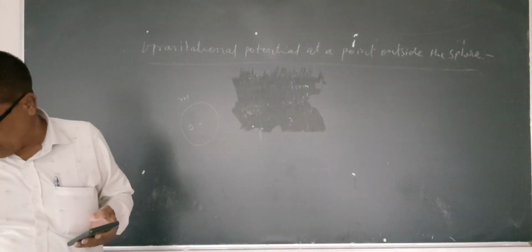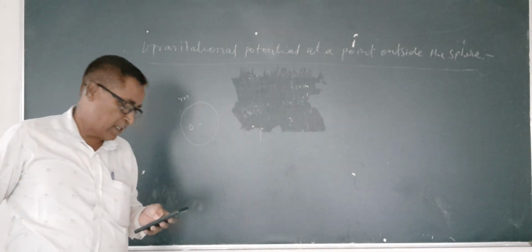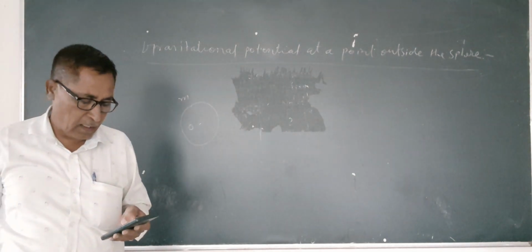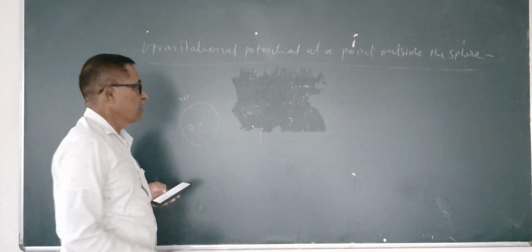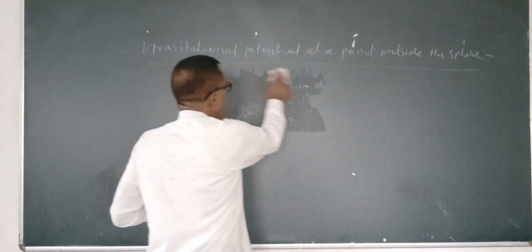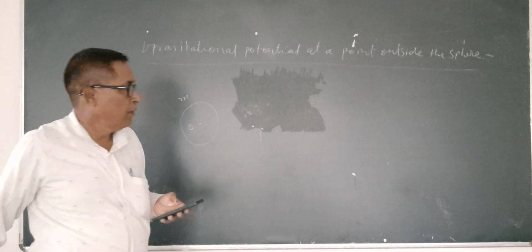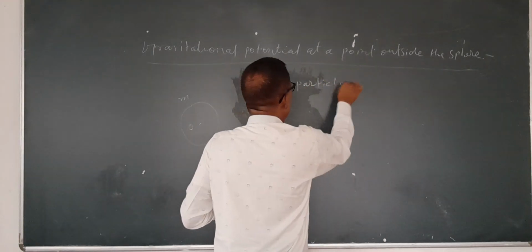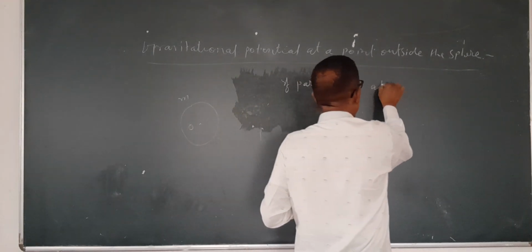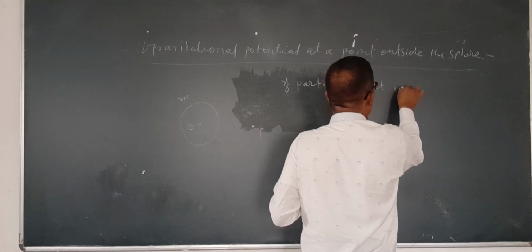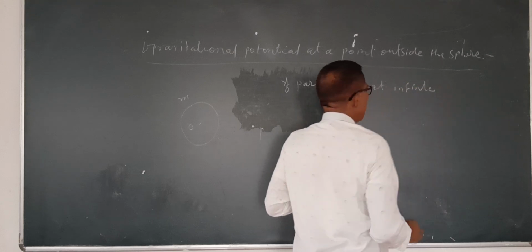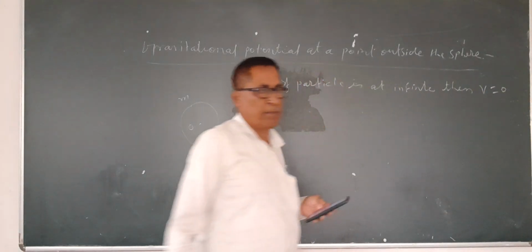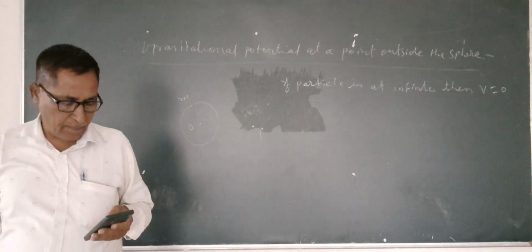For this, let us consider a body having mass m at O, and point P be outside this sphere. If the particle is at infinite distance, then the potential V is 0.